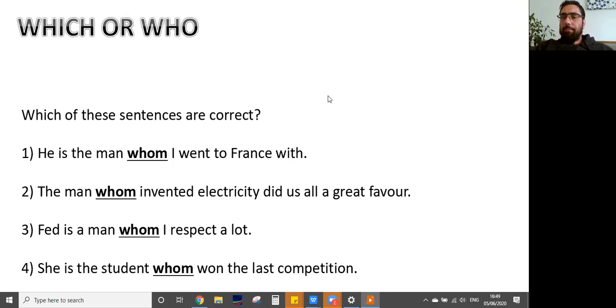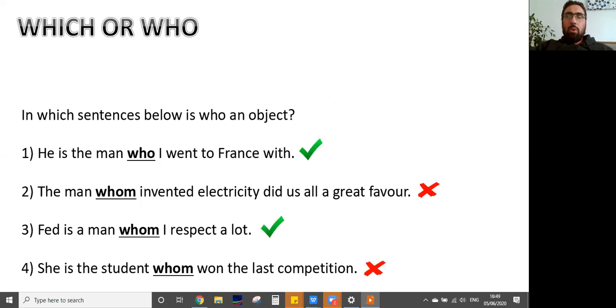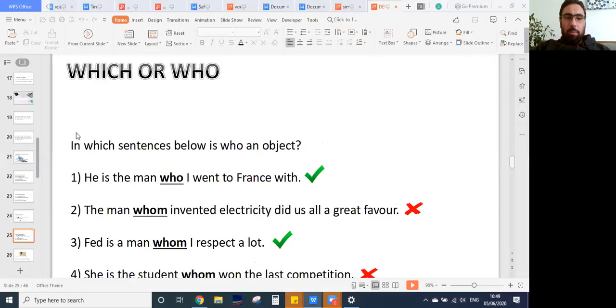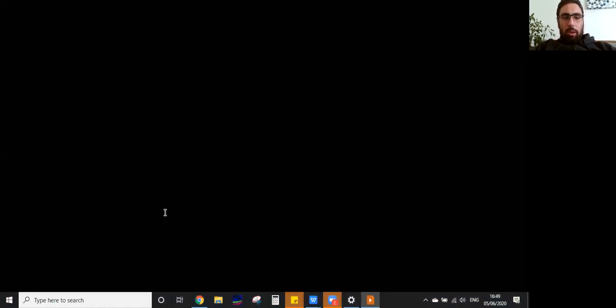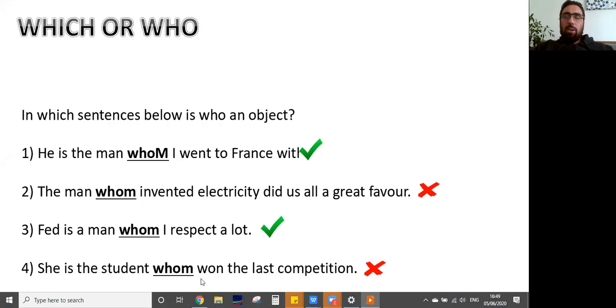Any other answers? Okay. So let's check. Yes. So we have number 1, where who is an object, and it can be replaced by whom. But number 2 and number 4 cannot, because who is a subject there.